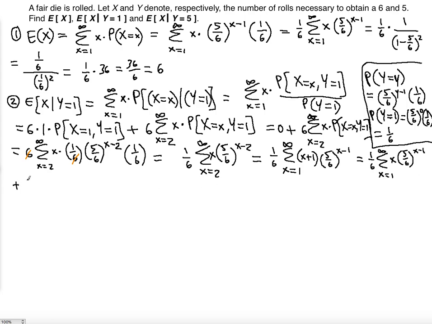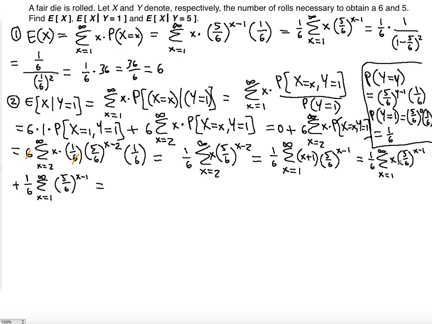Plus 1/6, and that's easy, right? This is going to be just the sum of 5/6 to the x minus 1. Right, so we know that this is what?